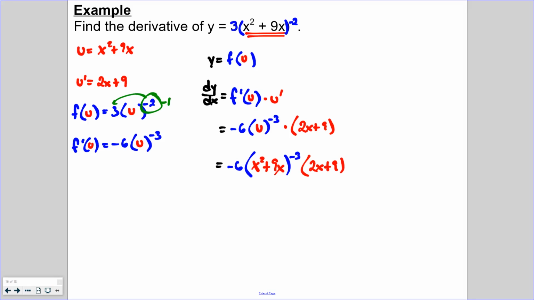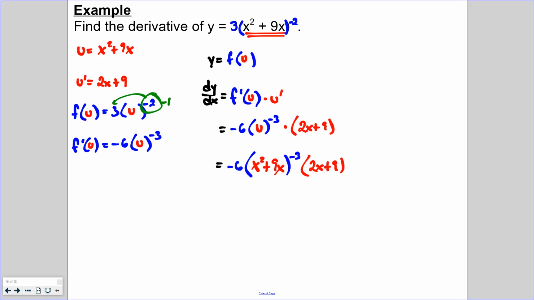All right, now there's not much more we can do here. All that's really left is to distribute the 6. Now, some folks like to distribute the 6 into the first quantity, but here we can't distribute this negative 6 into the first quantity because it has an exponent, and we can't distribute a coefficient into a quantity that has an exponent.